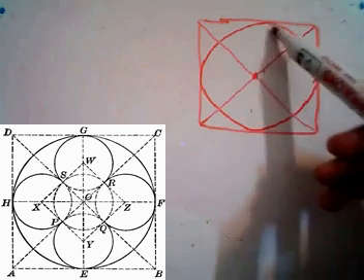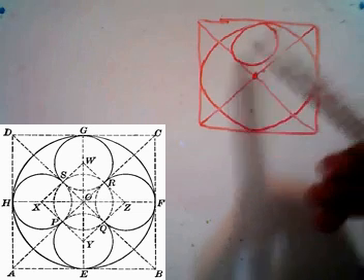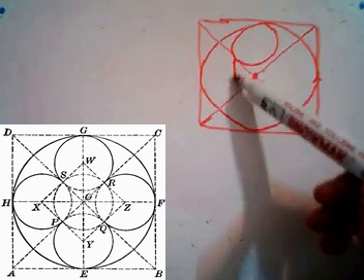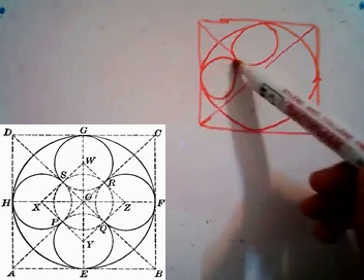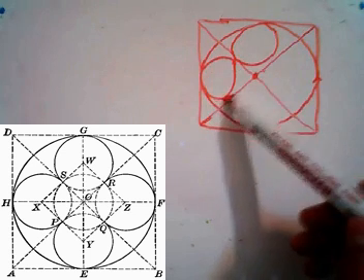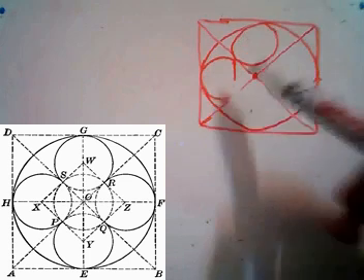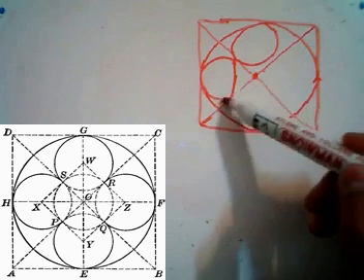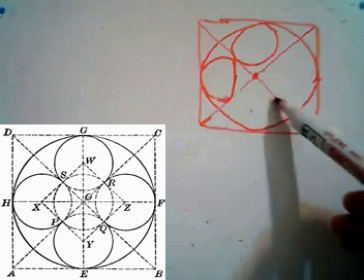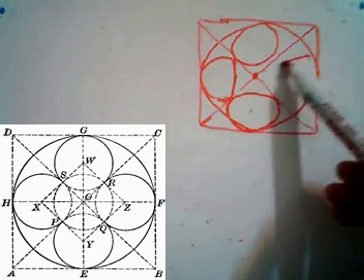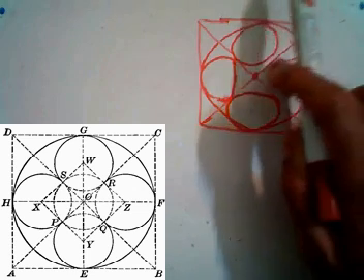So, here we inscribe a circle. In this triangle, we inscribe another one. It doesn't touch. Okay, here we inscribe, and also here.